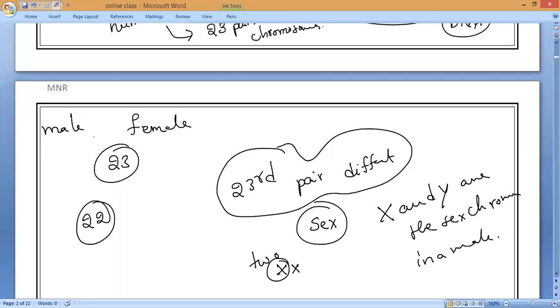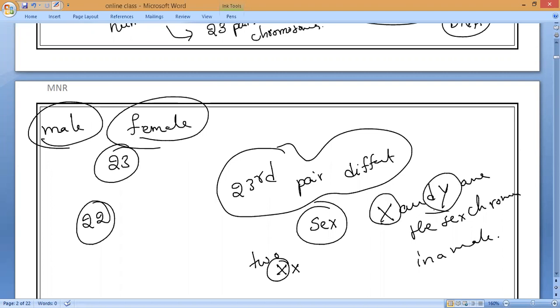In that, 22 pairs will be the same, and only the last pair is different: for male it will be the XY pair, and for female it will be the XX pair. That is what we call sex cells.